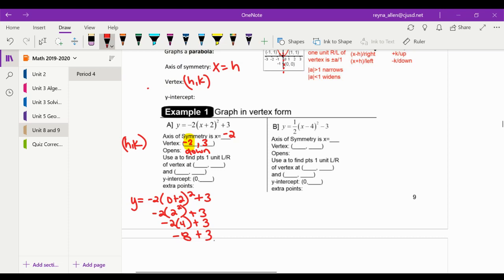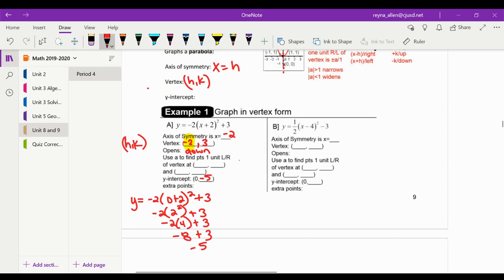And then -8 plus 3 is -5. So this is my second point that we can use, our y-intercept.